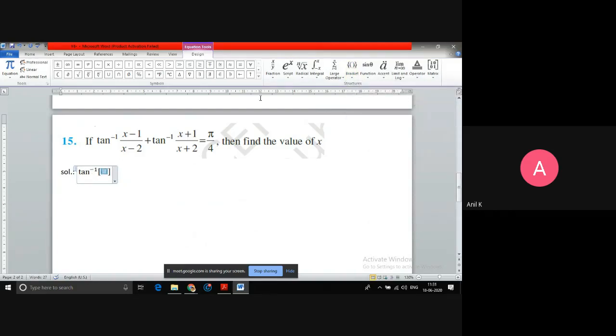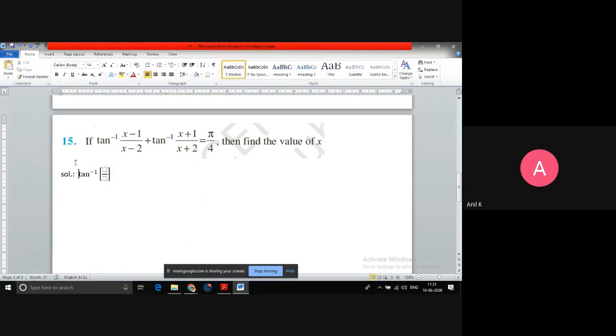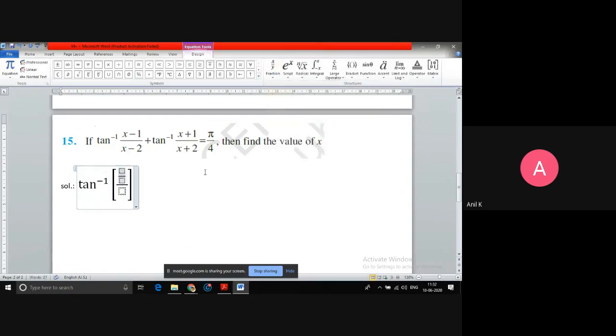Now first let me increase the font size. Yes, this is our numerator. What is the formula? Tan inverse A plus tan inverse B: A plus B will come.